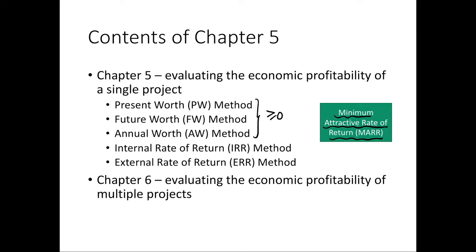Okay, so MARR is an interest rate. We will explain the MARR later, okay? And I will let you know how you decide what the MARR is. But you just need to know when you do the conversion using the present worth, future worth, annual worth methods, you convert the cash flow at the MARR, okay?